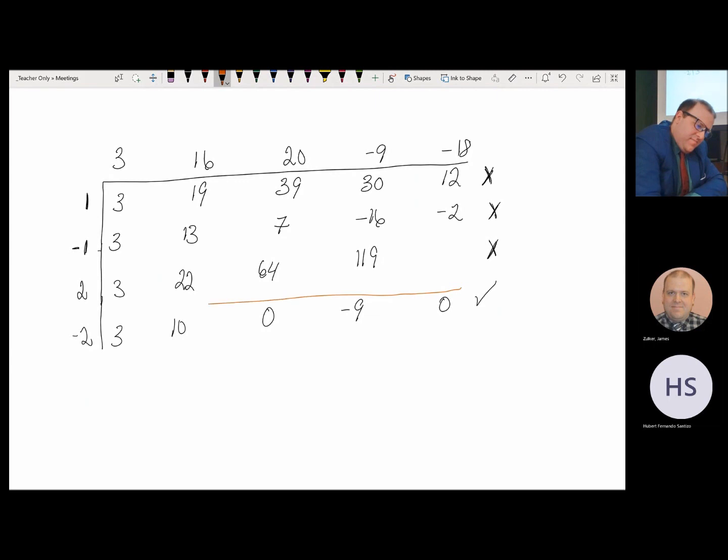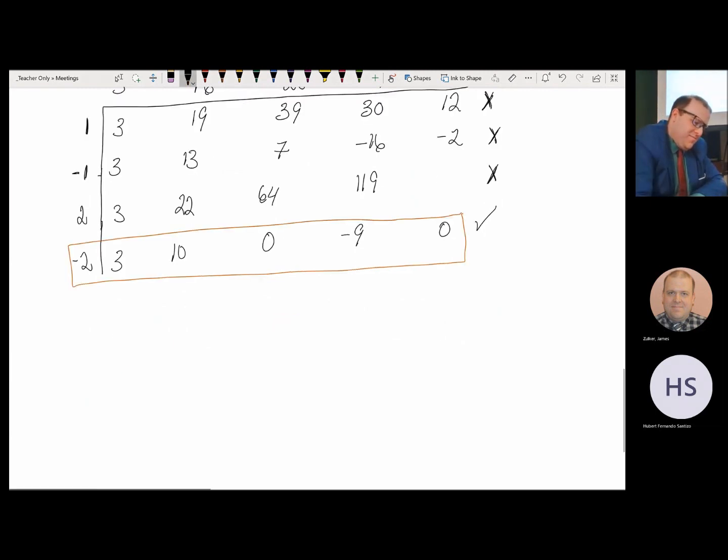So that means factor x minus -2, which is x plus 2. Remember, it's x minus a. So x plus 2 factors out, leaving 3x cubed plus 10x squared minus 9.